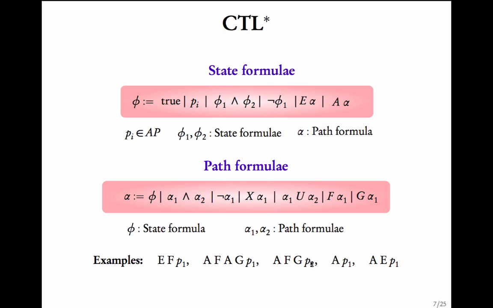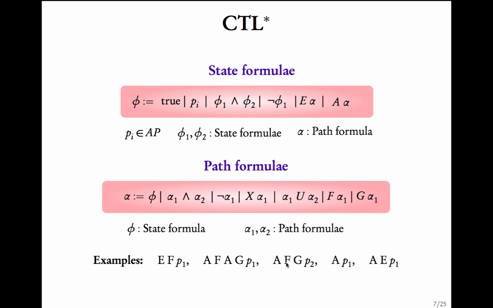What about AFGP2? It's a state formula because it's of the form A of alpha, where alpha is FGP2. FGP2 is a property of a path. It says that in this path, from some point of time, P2 is always true. This is FGP2.